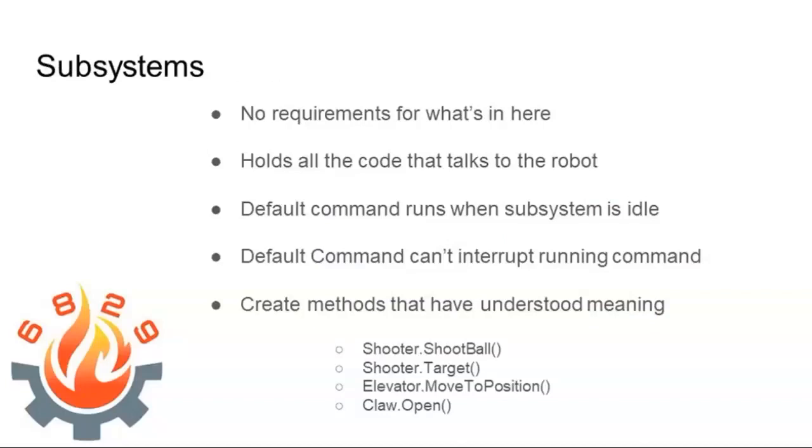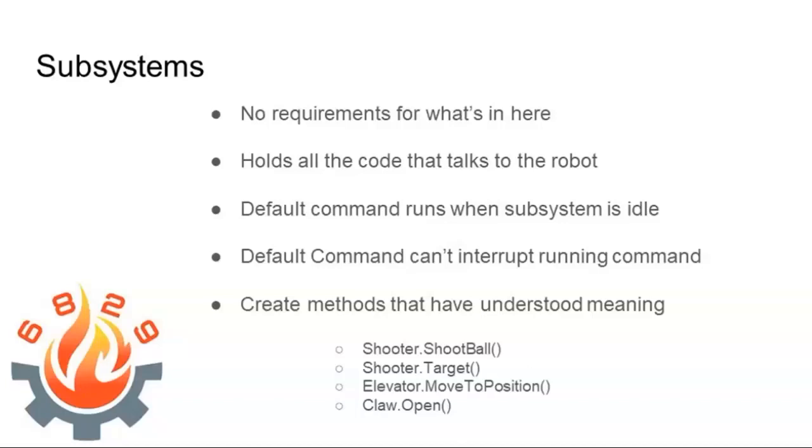Drivetrains have different hardware in them than shooters and intakes and so forth, right? So when you create a subsystem in your code, there's really no requirements for what goes in there. You put what you want in there. It has all the stuff that talks to the robot. There's one important thing about a subsystem.